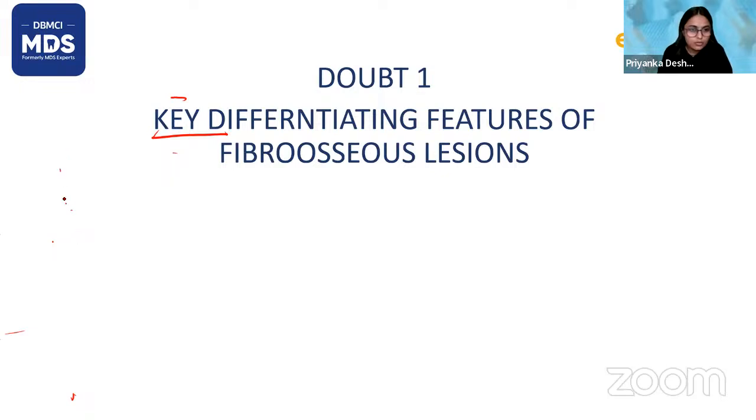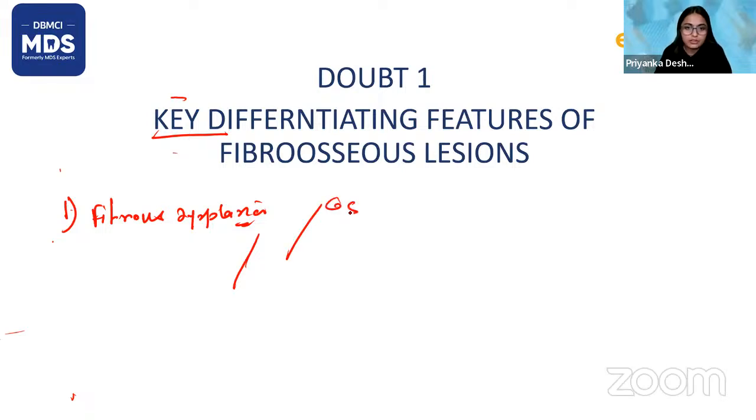First entity that we have is fibrous dysplasia, most commonly asked, you can say, fibroosseous lesion. We are going to differentiate it from ossifying fibroma.